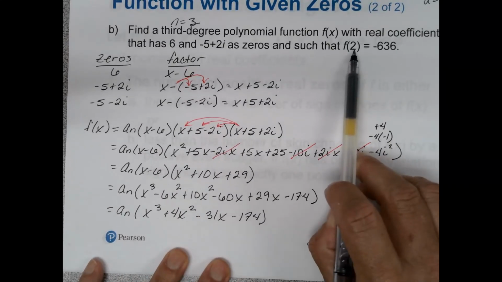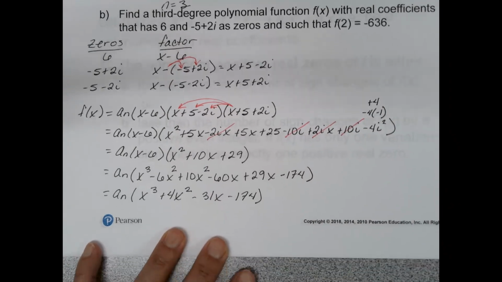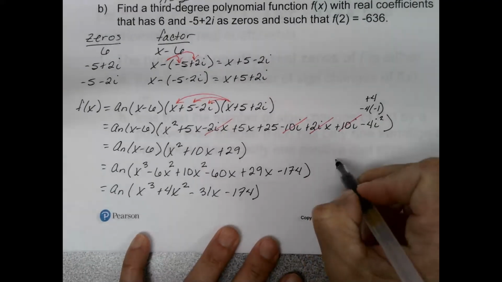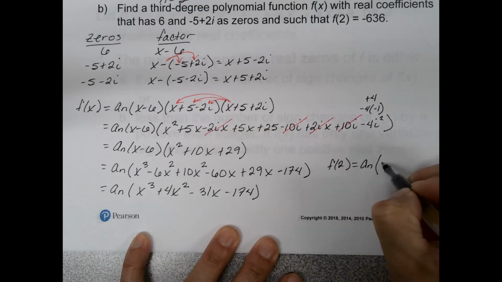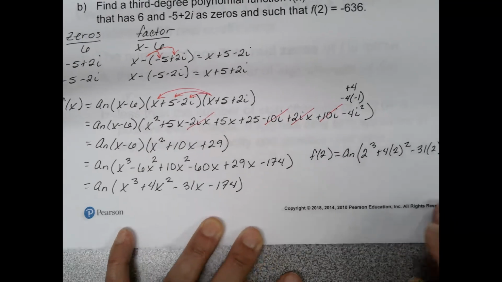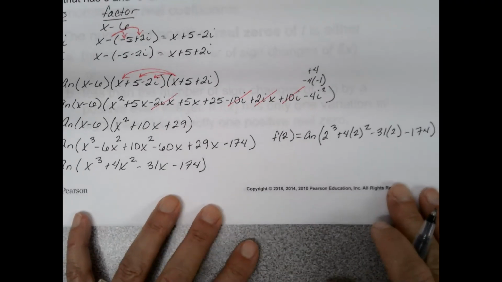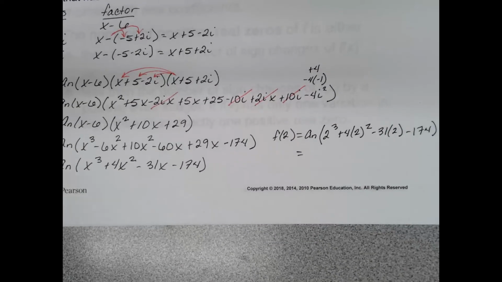Finally, I know when I plug 2 into the function, I need to get out a negative 636. So that f of 2 will be a sub n times 2 cubed plus 4 times 2 squared minus 31 times 2 minus 174. What do we get there? We get 8.